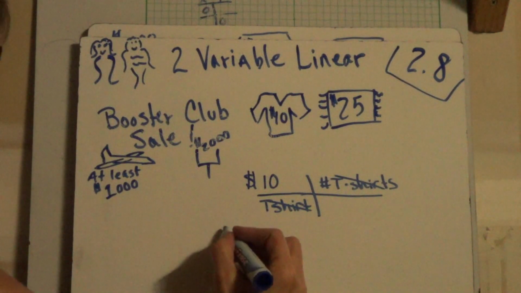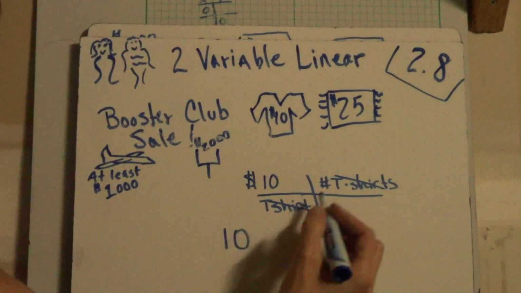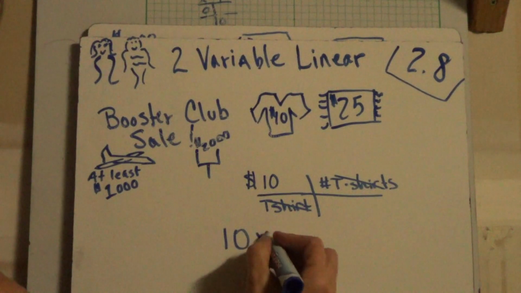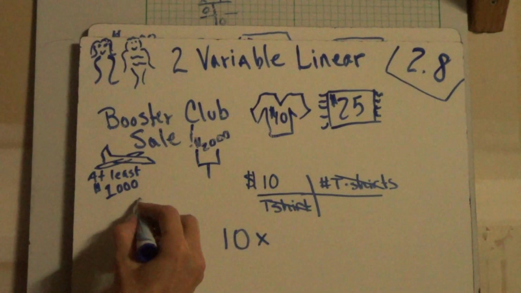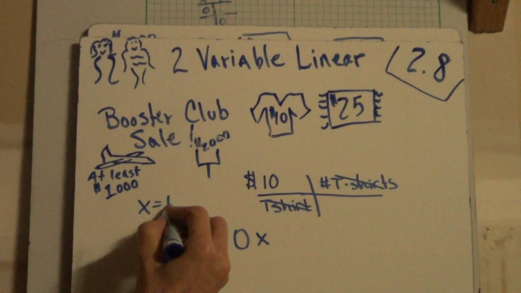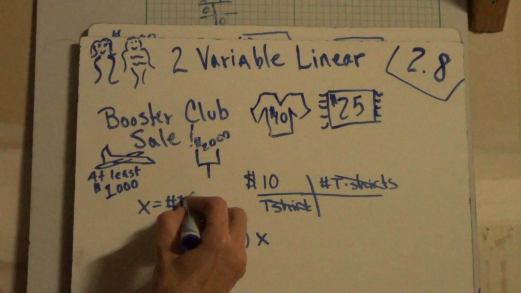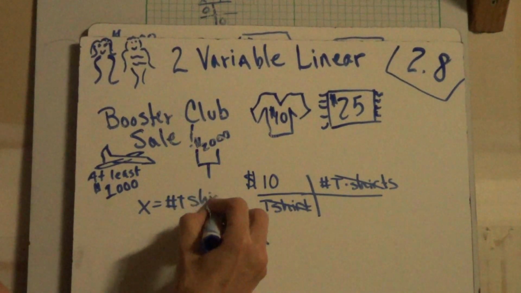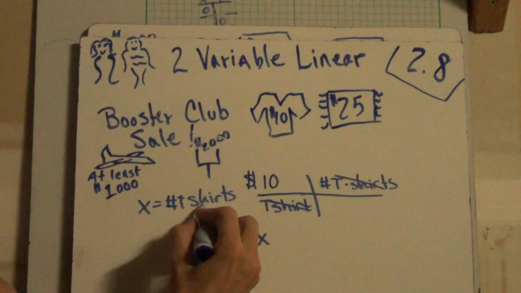So to write our equation, we would have 10, let's just call the number of t-shirts x. So we should define that variable, x equals number of t-shirts sold.